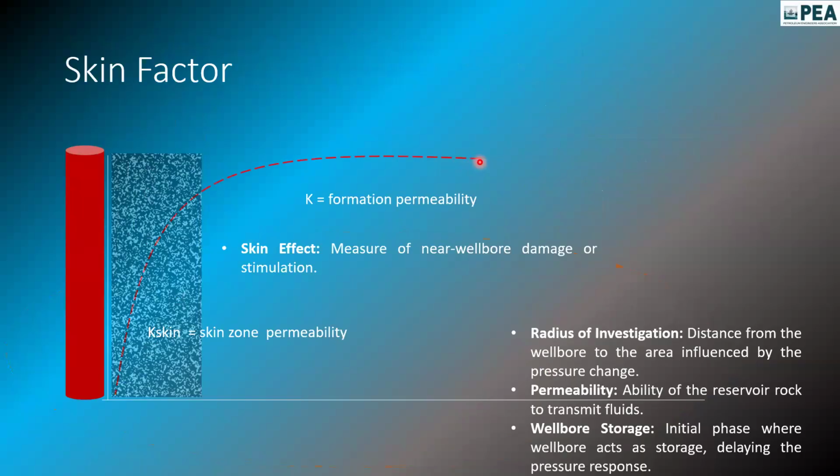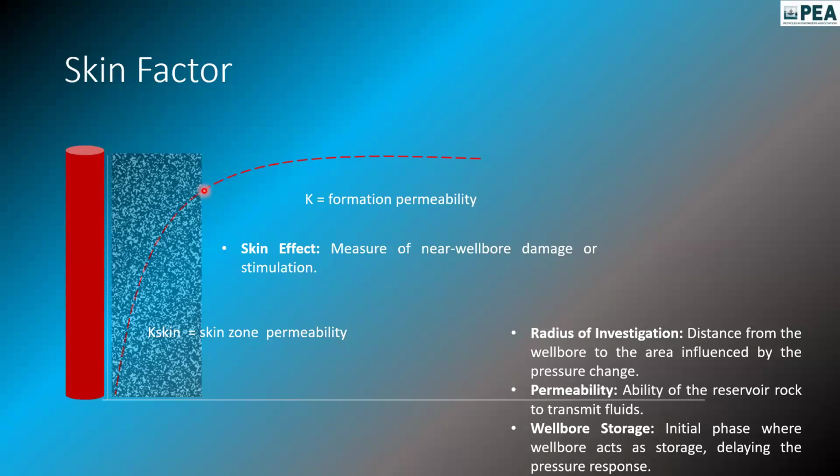You can see the permeability graph. When it comes close to your well, it is not declining much, but once it reaches the skin zone, it will start reducing drastically. Why? Because the fluid has to bypass all this debris to reach your wellbore, so the movement of oil will start to get reduced. Why?